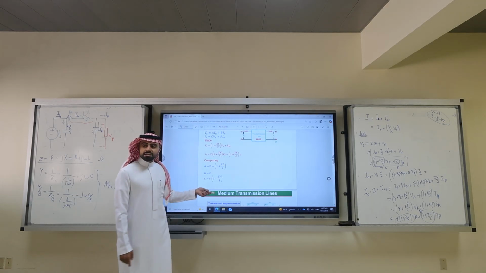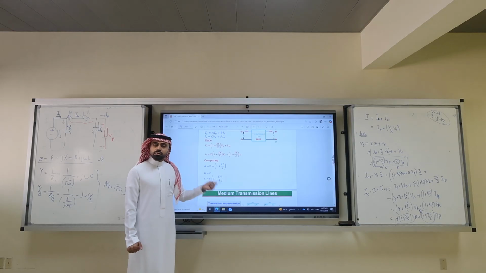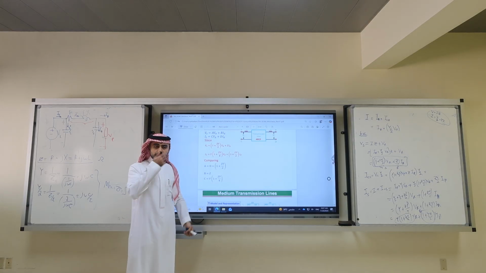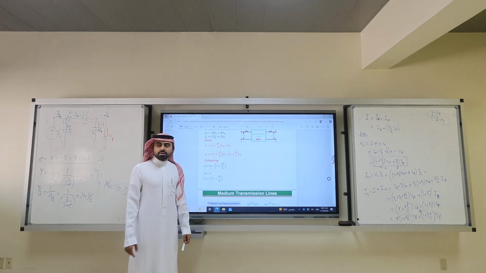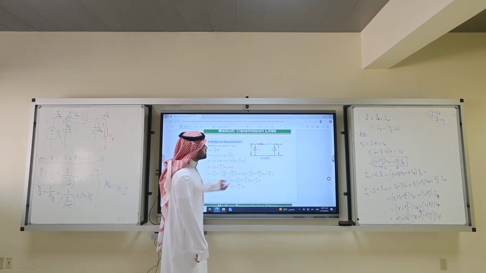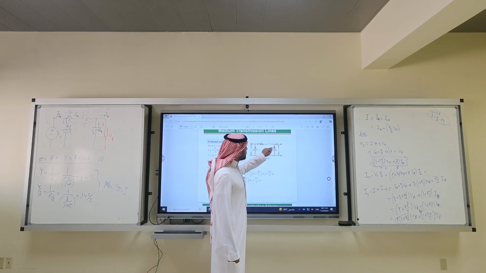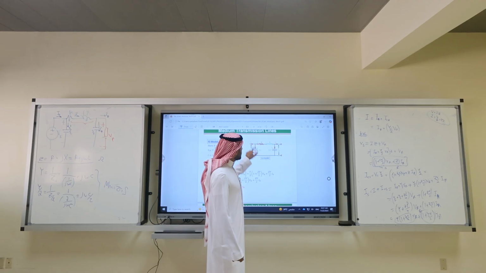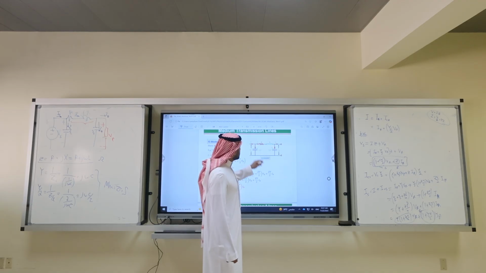I might ask you in the exam to derive it. And if you don't show me these steps, it means you're memorizing. So do you understand how to do it? Again, the step is write I as a function of IR and ICR. ICR is VR Y over 2. Go here. What is VS? VR plus IZ.